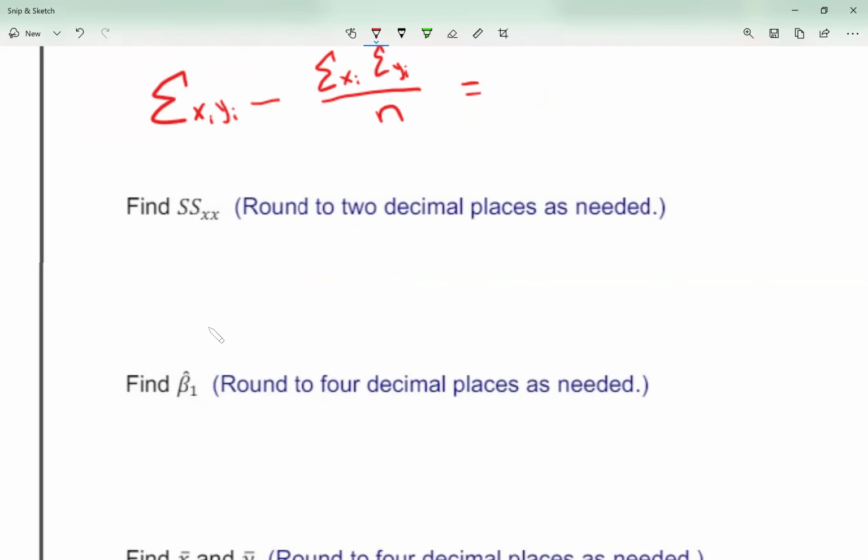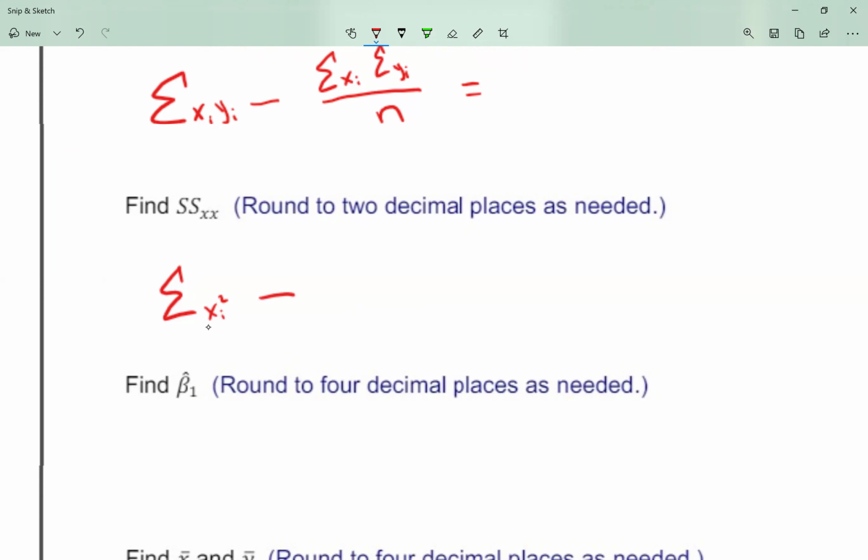I'm just giving the formulas for right now. For my sum of the squares of XX, I'm just going to go sigma. Now I could write x. However, on our notes, I call that xi squared. So you guys have that value for xi squared, basically x times x, minus the sigma of x times the sigma of x divided by n.